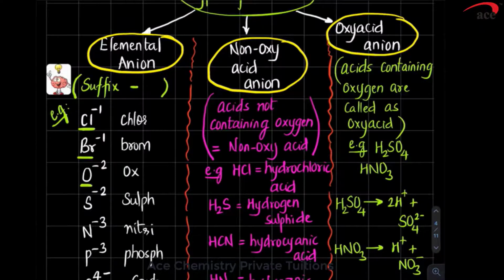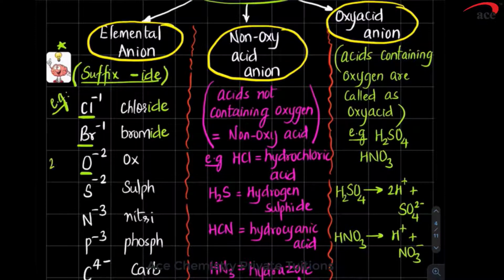If you see Cl minus 1, it is called chloride. Elemental anions end with the word IDE. Remember. Bromine, group 17, charge of minus 1, called bromide.